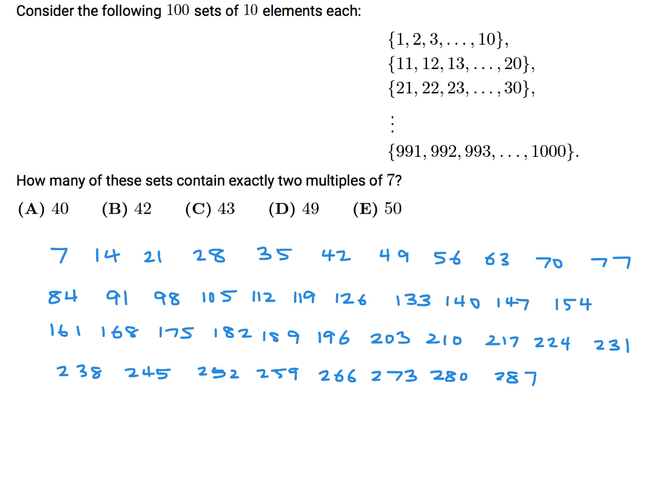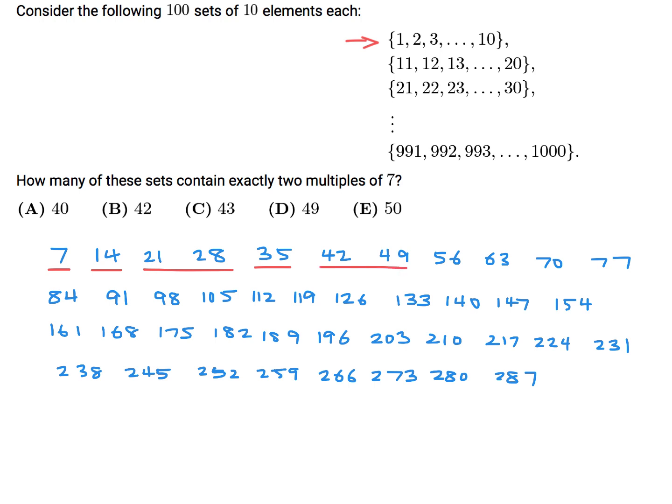So we want multiples of 7 in each set. So each of these sets, like 0 to 10, 11 to 20, 21 to 30, and so on. Let's see what happens. So we got 1, 1. This one has 2. That one, this one has 2.